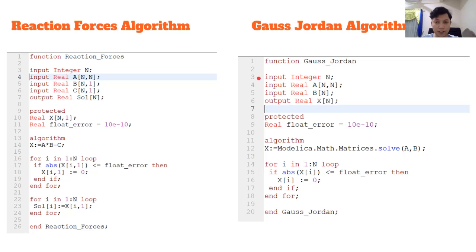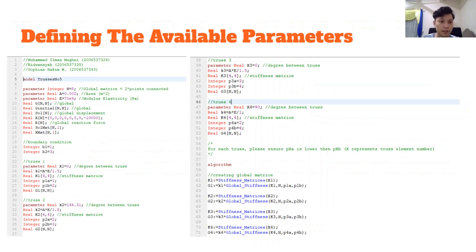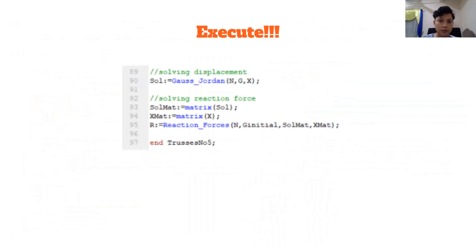Those algorithms are written in function specialization because those functions will be called in the model specialization as the finishing. And as the last step, we have to execute the algorithm or the syntax.